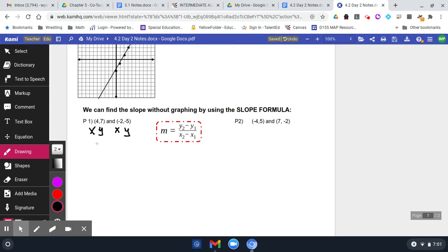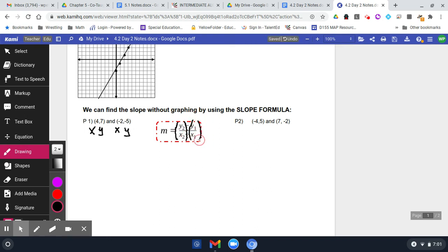Like our formula says, we need to take the y's on the top and subtract them, and we have to put the x's on the bottom and subtract them. So there is a y2 and a y1 and an x2 and an x1. Just think of this as one of the points. That's one of these coordinate points, and this is the other.